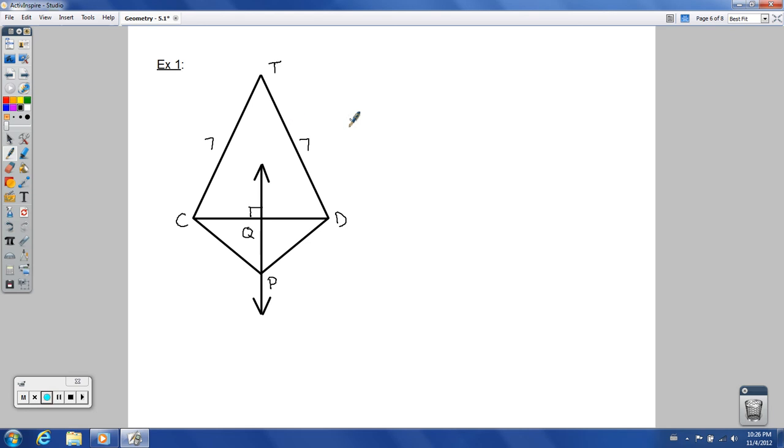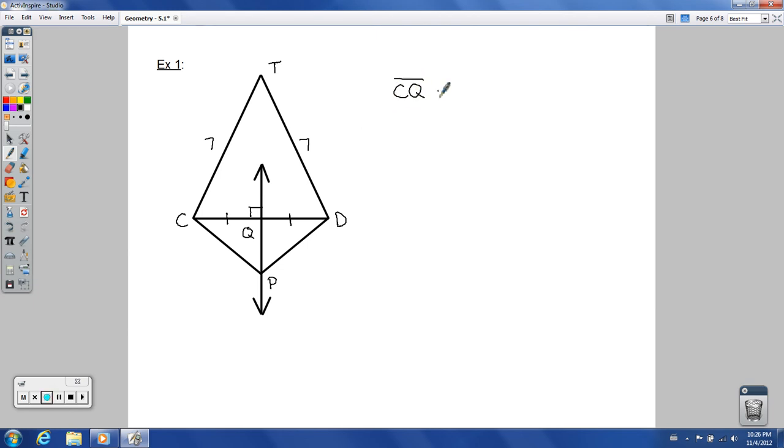So let's write down some things that we can say for sure are true in this picture. So one thing I can see is true in this picture is, I forgot to add one more thing. That's one last thing I believe that I need to add. I can look at this picture and say, well, CQ is clearly the same or congruent to DQ.